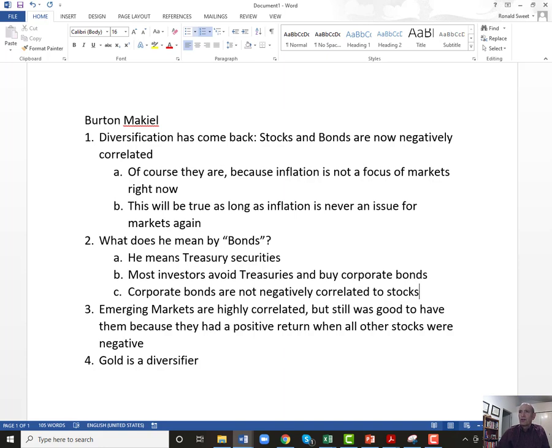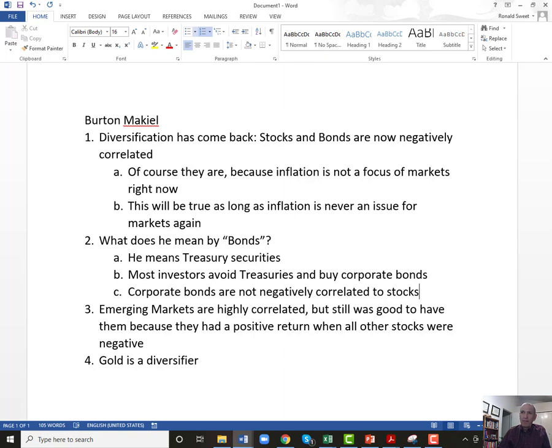When stocks do poorly, spreads tend to gap out on corporate bonds. When the stock market is crashing, these bonds can have definite negative returns during a financial crisis. Triple B bonds and high yield bonds will definitely underperform Treasuries by a significant amount in a recession or in a financial crisis.